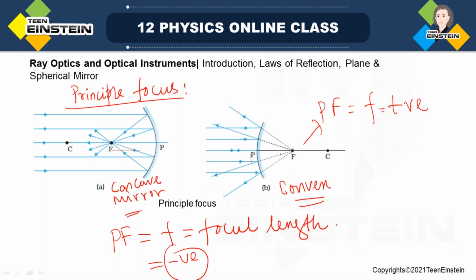This is called principal focus. The distance between the pole and this principal focus is denoted by small f, and it is called focal length. Okay, all right.